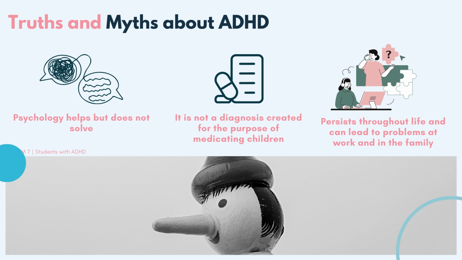3. Persists throughout life and can lead to problems in employment and family. It should also be noted that the brain dysfunction associated with ADHD involves important neurocognitive areas: executive function, working memory, language, attention, and motor control, impairing academic, family, occupational, and social functioning.